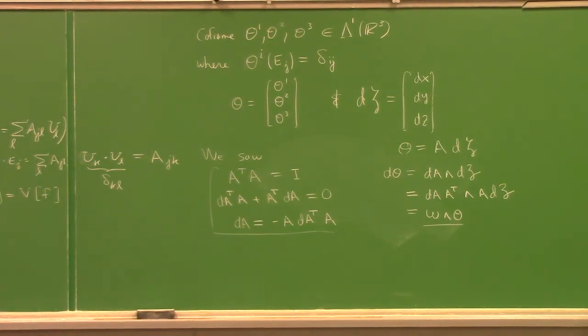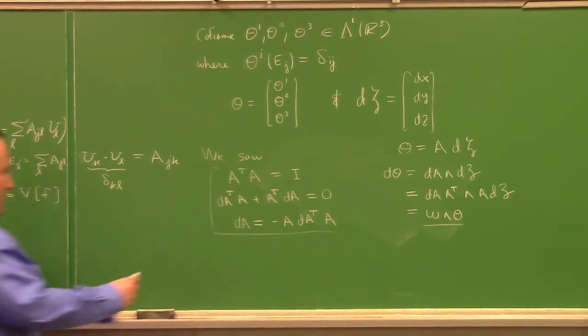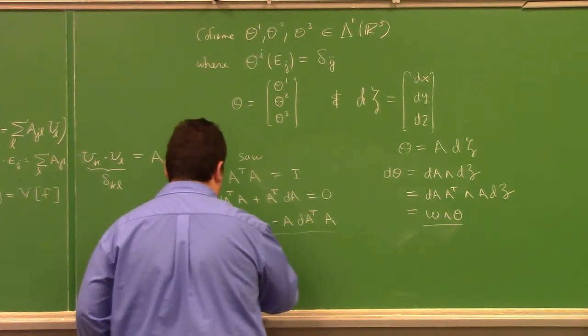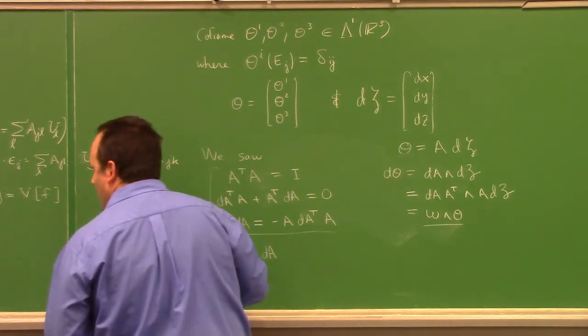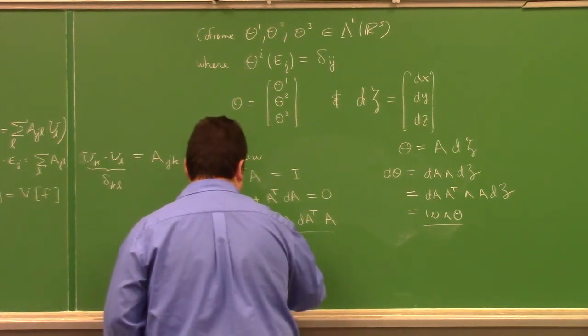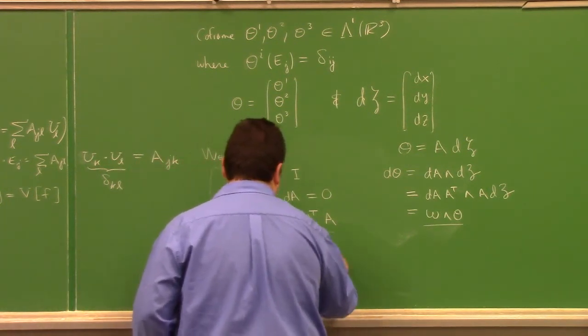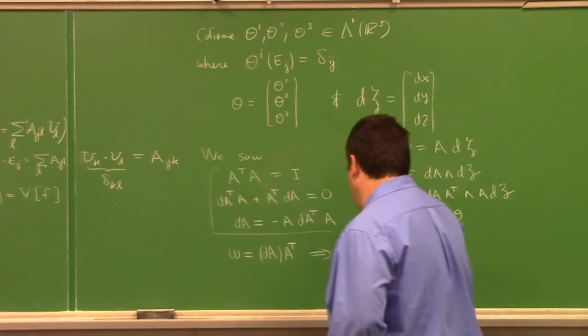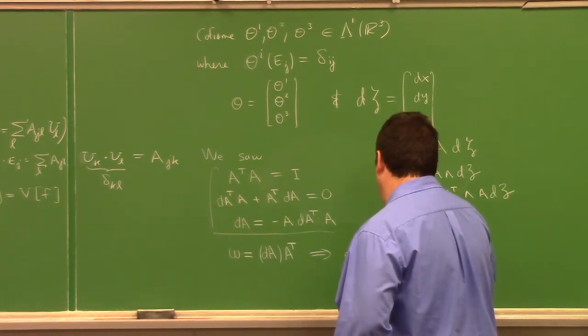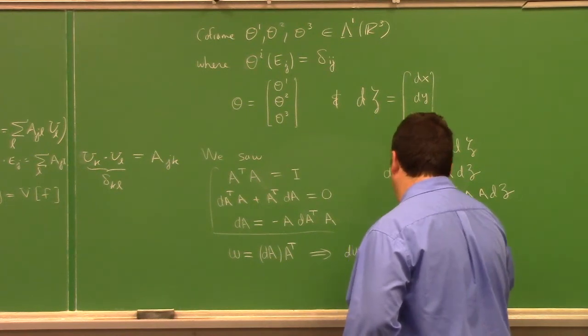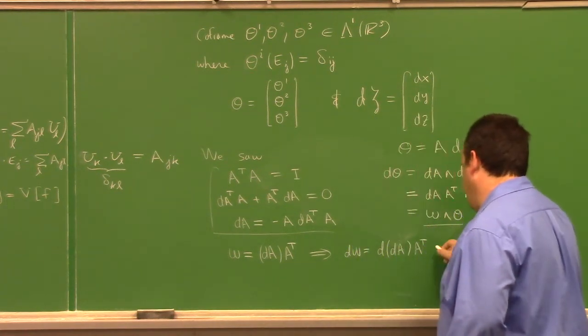Right. I think we have to go back to here, right? We have to start with that. Omega is dA. Right, so d omega is d of dA, right?